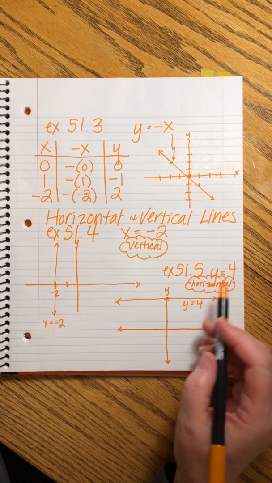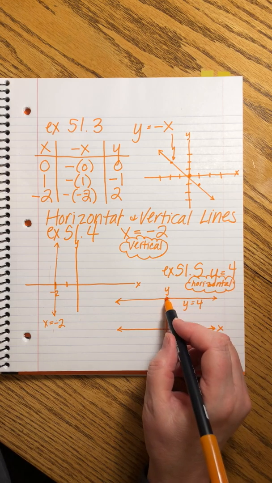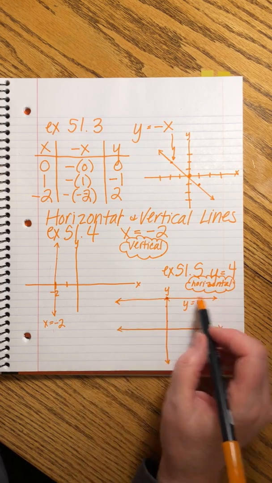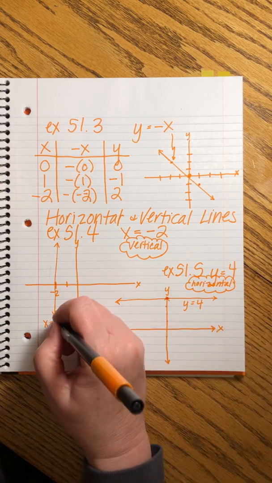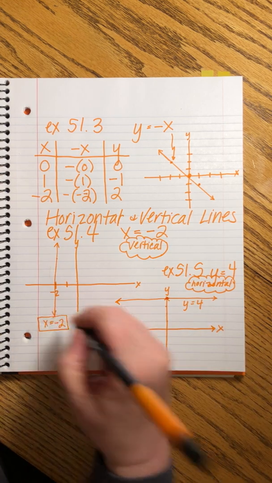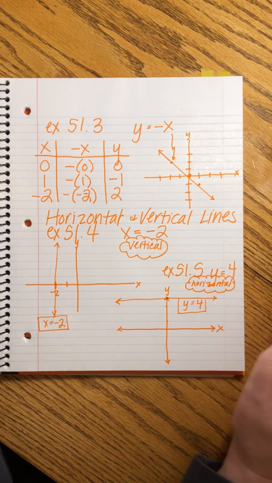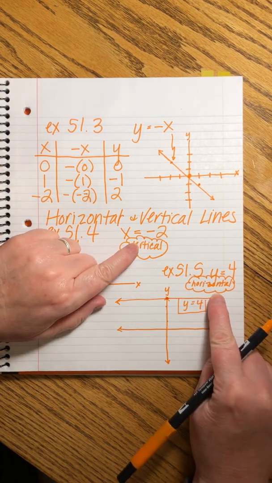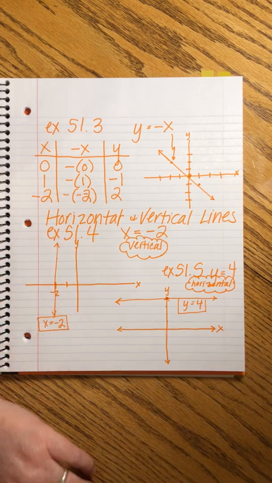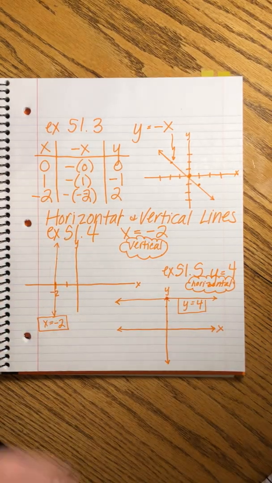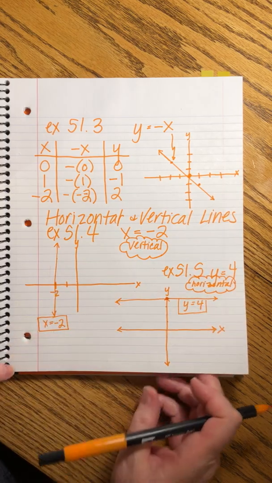Here we say y equals 4, so we go to 4 on the y-axis, and we draw the line this way. Okay? These are weird. They don't come up often. If you can remember that they're both freak children and then logic it out, that is the most that I ask for. All right. And then we have one more problem.